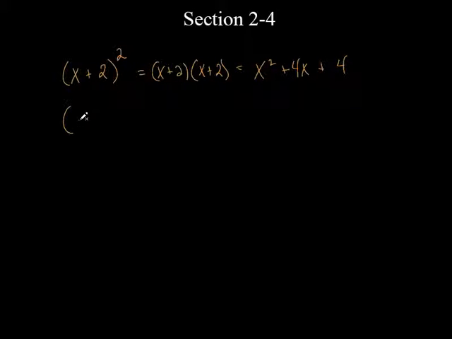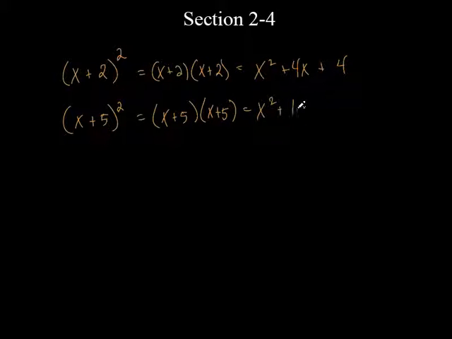Let's do another number. Let's go x plus, I don't know, 5. We'll keep them relatively small. Now, I don't have to go through this whole, well, let's do it one more time, and then we'll see. Okay, so we distribute, so it's x squared plus 5x, which is plus 10x plus 25. Right?